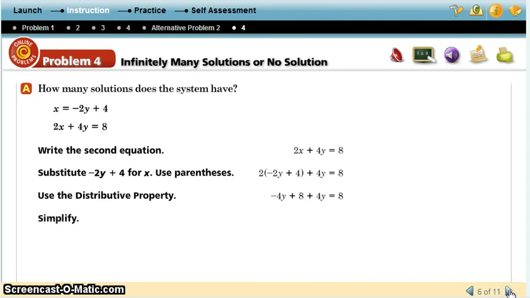Simplify the left side of the equation. The equation 8 equals 8 is an identity, so the system has infinitely many solutions. The equations in the system represent the same line.